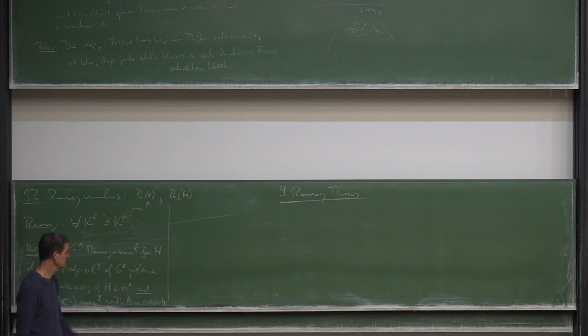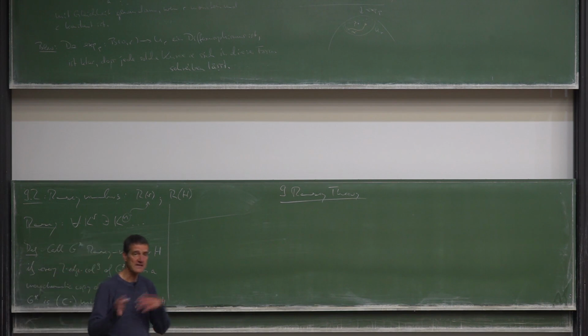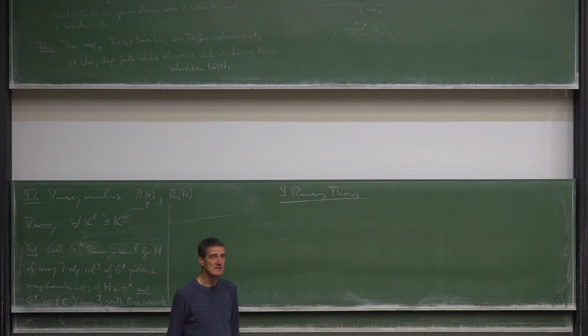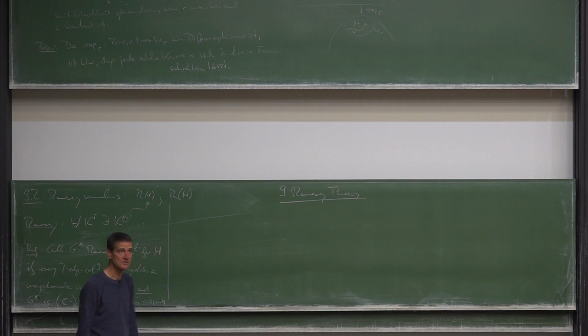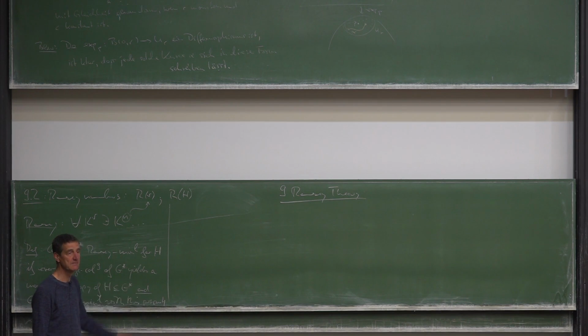So we can't delete a vertex, but we might delete edges. So if Kn isn't minimal, we might delete some edges, and then we would eventually get to some minimal G star inside the Kn. That has this property.